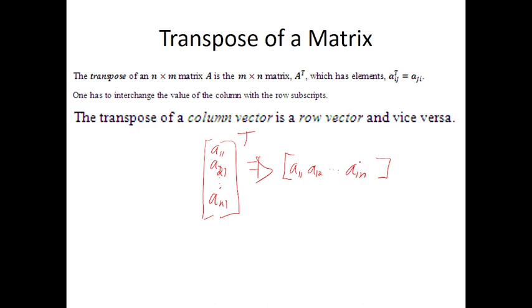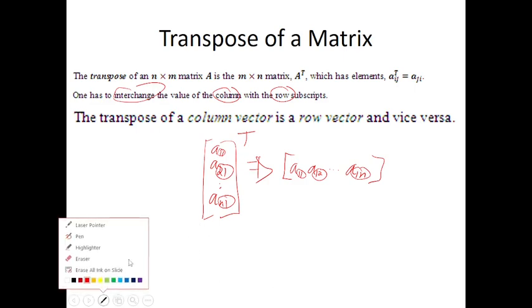Ayan. Mapapalitan sila. So one has to interchange the value of the column with the row subscripts. So yung subscript magbabaliktad. Ito, pag binaligtad mo yung 1 and 1, 1 and 1 pa rin naman. I hope you get it. So we can proceed.